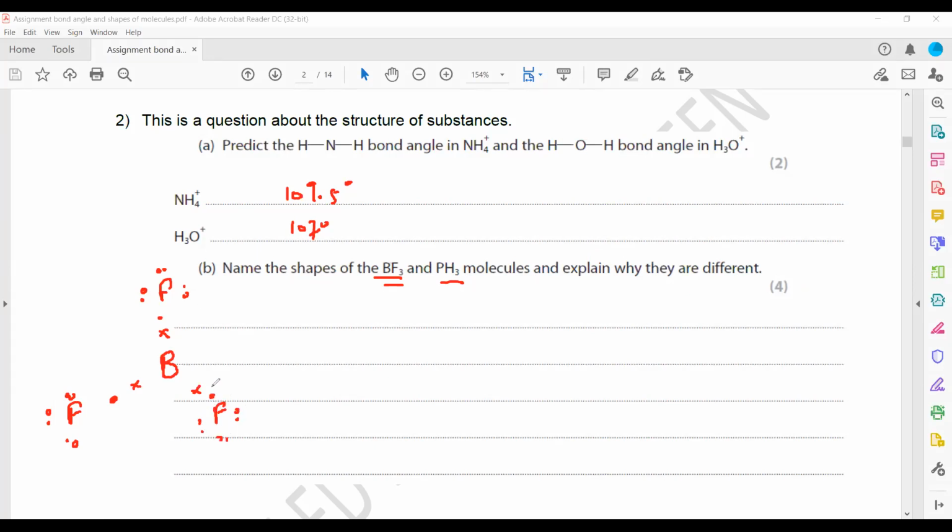So there are some elements with exception. So this is having 3 bond pairs and it is having zero lone pair. So when we have 3 bond pairs and 0 lone pairs, then the bond angle will be 120 and the shape is known as trigonal.